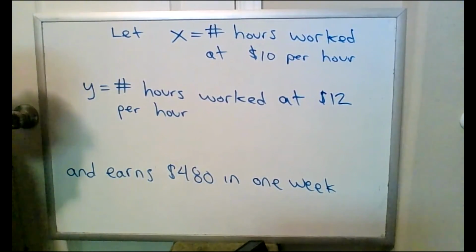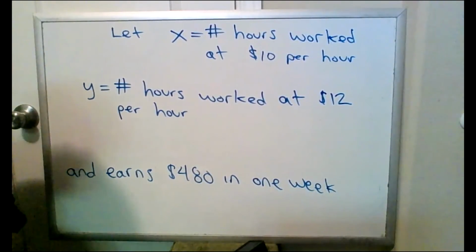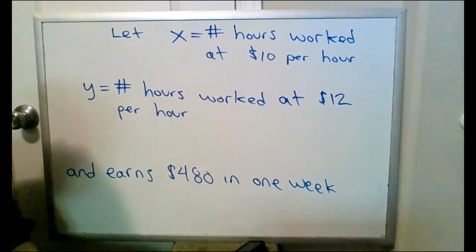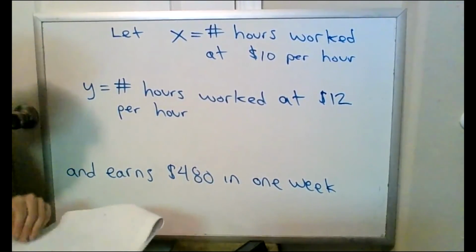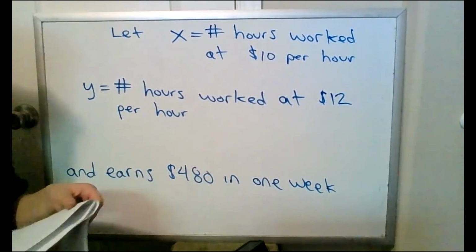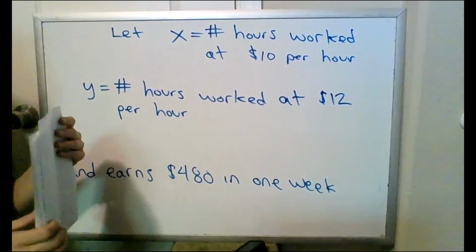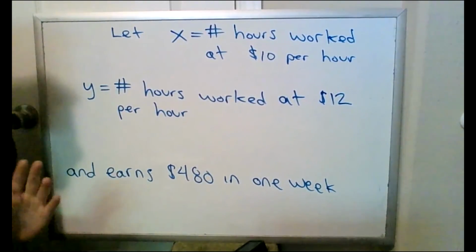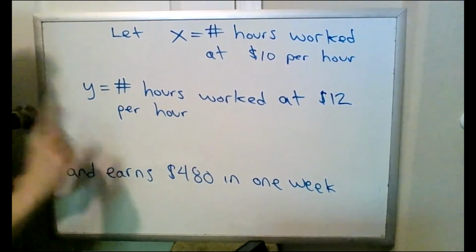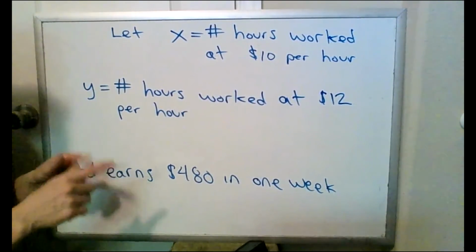Okay, for our equation, we're going to take the number of hours worked multiplied by the amount made for those hours worked, and add it to the number of hours worked at the other job and how much you make per hour there.